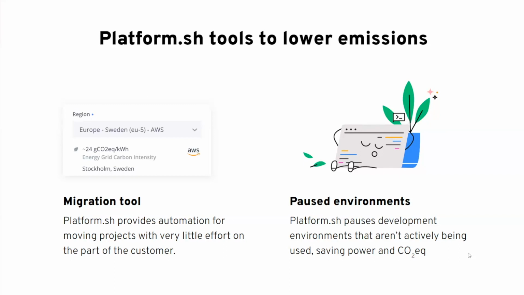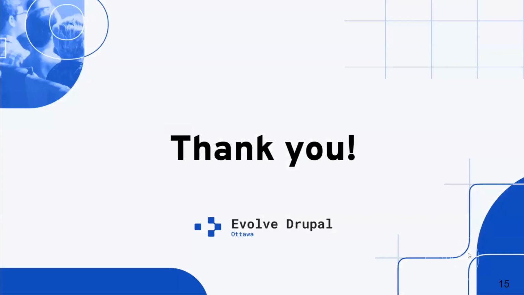It sounds obvious, but if you work with web agencies, you know that every developer environment or staging is always on, right? While most of the time no one is using them. It sounds like a small optimization, but at scale, it has a huge impact.